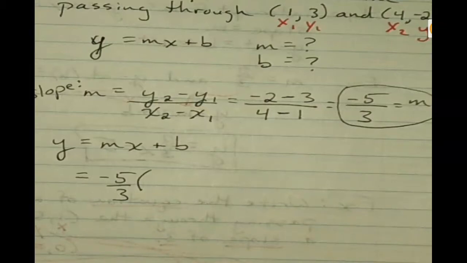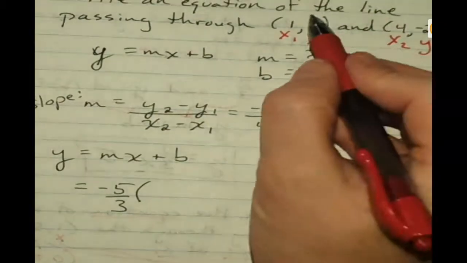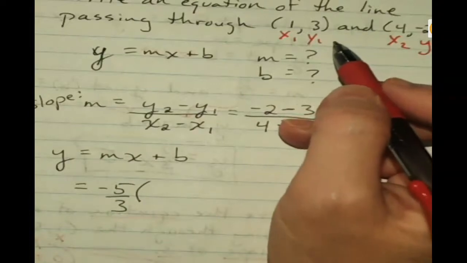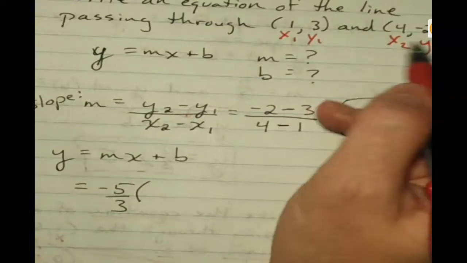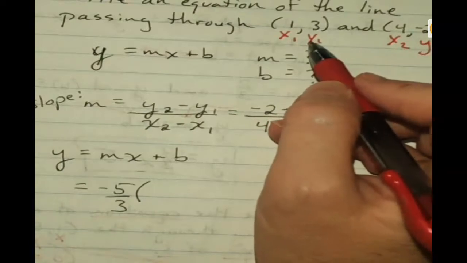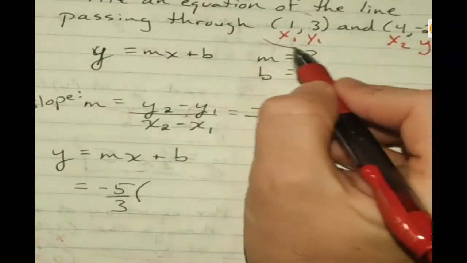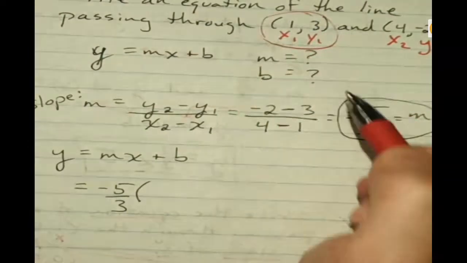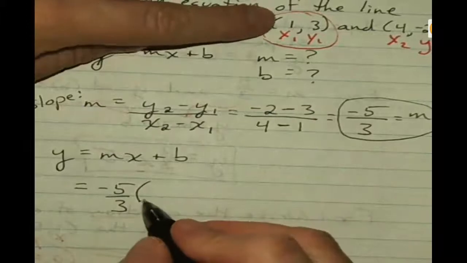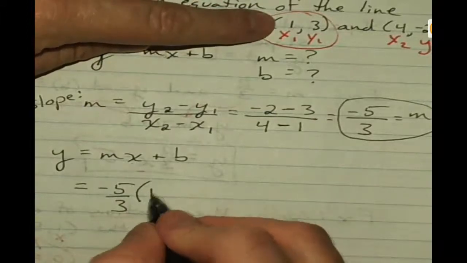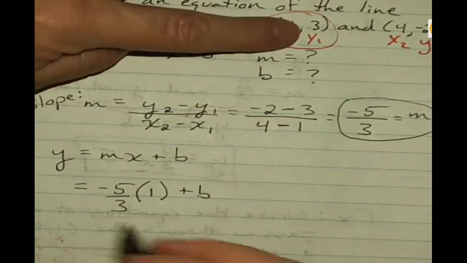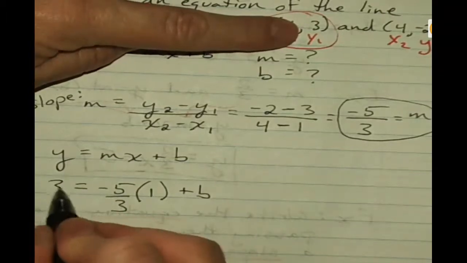Now here's what I do. I typically use whichever point is the easiest. Okay? Like this one has no negatives. I typically, just out of habit, I choose my first point and I use it. So my x is 1. We don't know my y-intercept. And the y is 3.